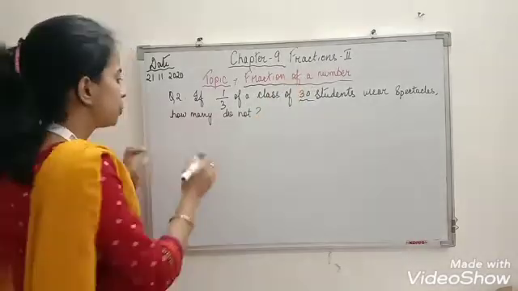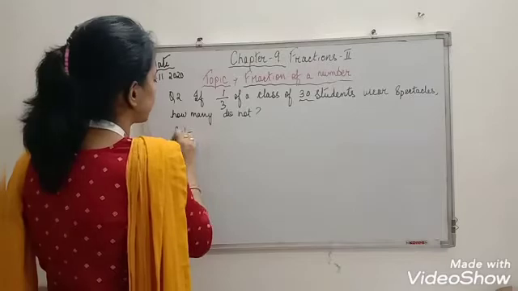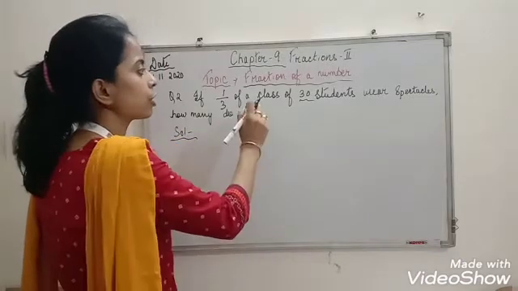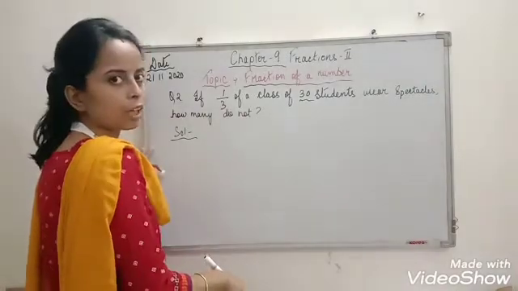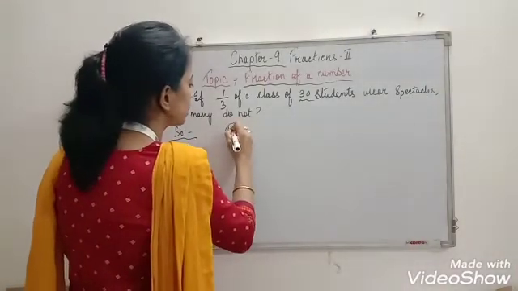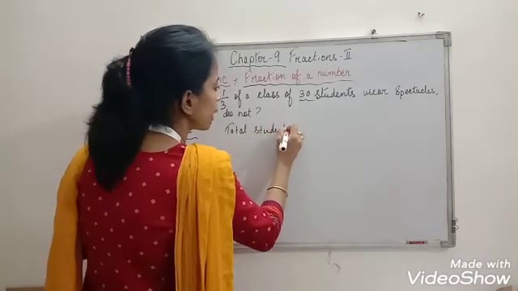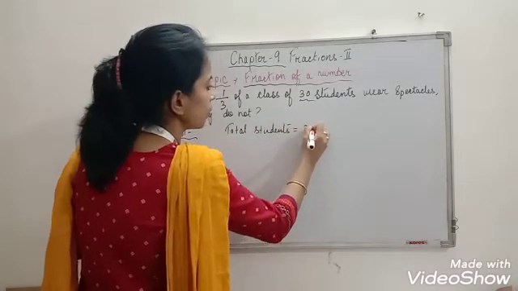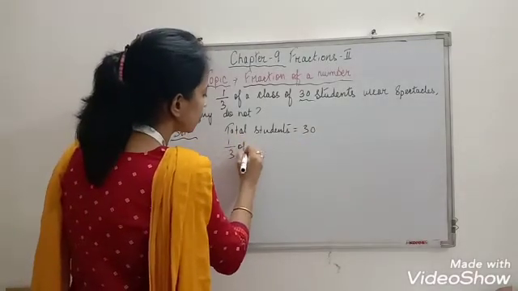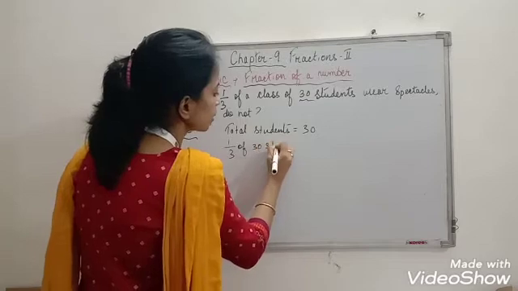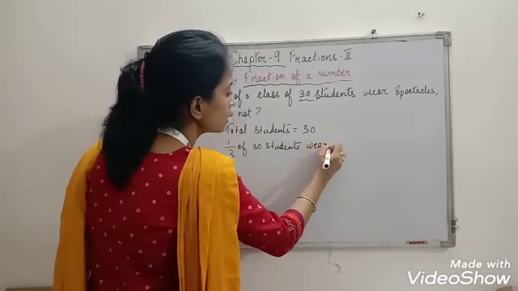So how are you going to do this? What fraction of 30 students wear spectacles? 1/3. Okay? Total students, 30. 1/3 of 30 students wear what?